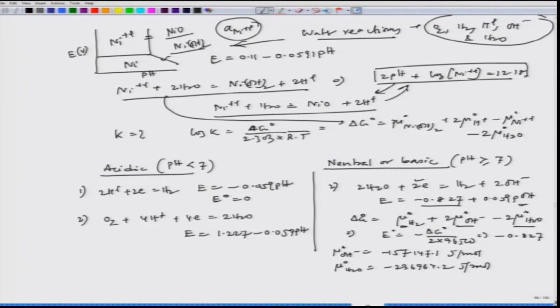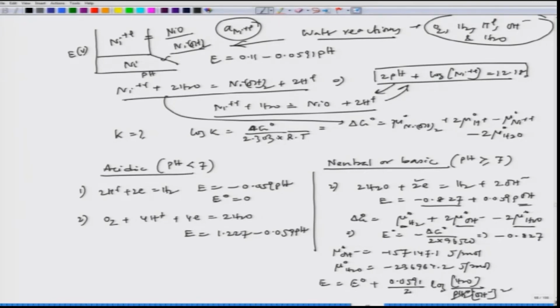Now, interestingly here it is pOH, because E equal to E0 plus 0.0591 by 2, and then log of the activity of H2O, if we put it in concentration terms, pH2 and OH minus whole square.